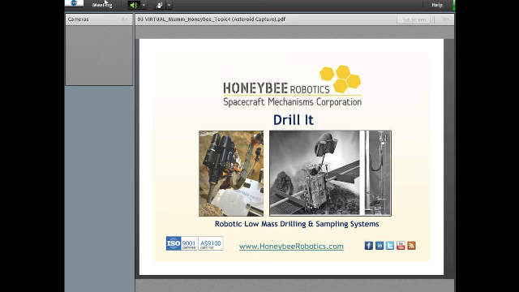And we've probably developed more planetary drills than we'd like to admit. But we have developed robotic drilling systems for the Moon, for Mars, and for asteroids. We've got tens of designs ranging from sub-kilogram, sub-centimeter drill systems all the way up to deep drilling systems, 10 meters and beyond.